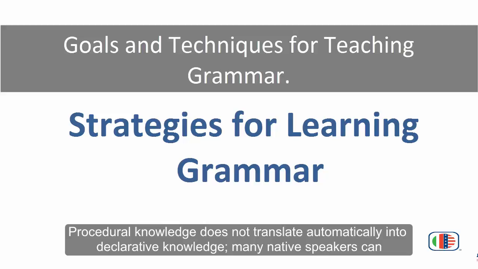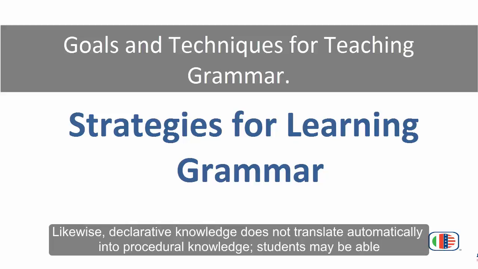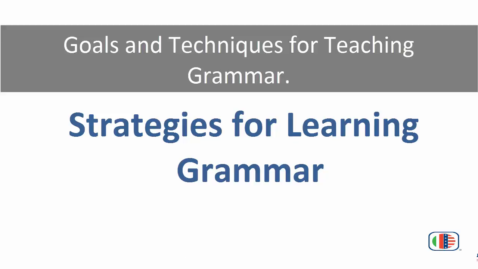Many native speakers can use their language clearly and correctly without being able to state the rules of its grammar. Likewise, declarative knowledge does not translate automatically into procedural knowledge. Students may be able to state the grammar rule, but consistently fail to apply the rule when speaking or writing.